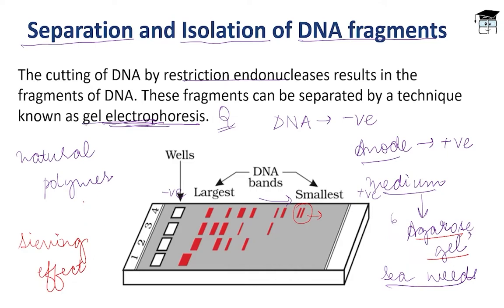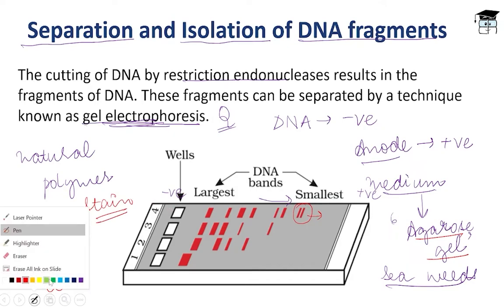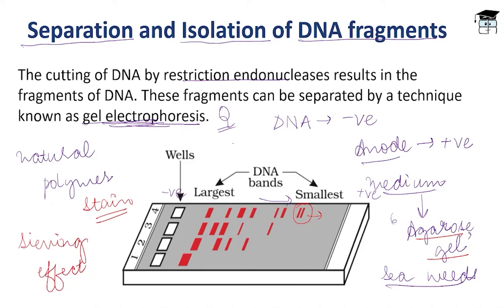So we have to stain these fragments. We have to color these fragments for us to see them. We use a chemical which is known as ethidium bromide. We stain these fragments with ethidium bromide and then we provide UV radiation on this gel.